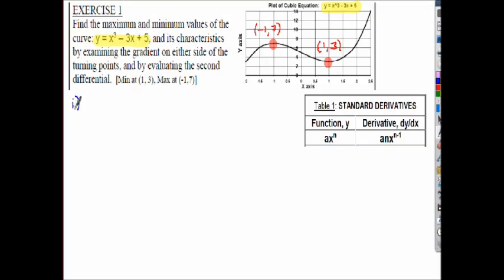First step is we have to extract the formula from the question. So y is equal to x cubed minus 3x plus 5. No rearrangement required here. We can just simply write the equation directly from the question. And we're now going to differentiate it to find dy by dx. Using my standard tables, x cubed differentiates to 3x squared.